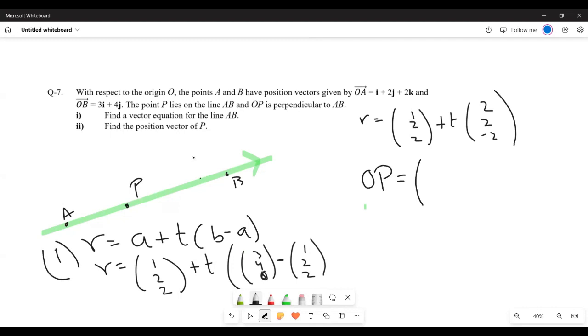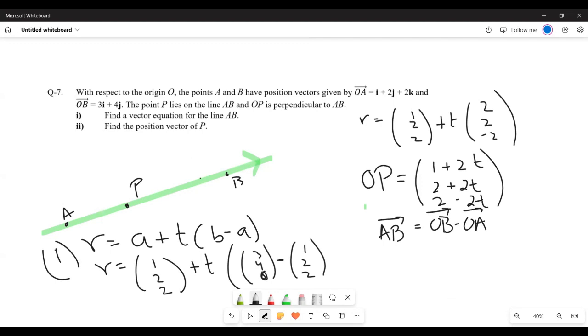So it's going to be 1. Point P lies on line AB. Okay. So 1 plus 2t, 2 plus 2t, and 2 minus 2t. Okay. And then find the vector AB. AB would be OB minus OA, which we've already done, by the way.